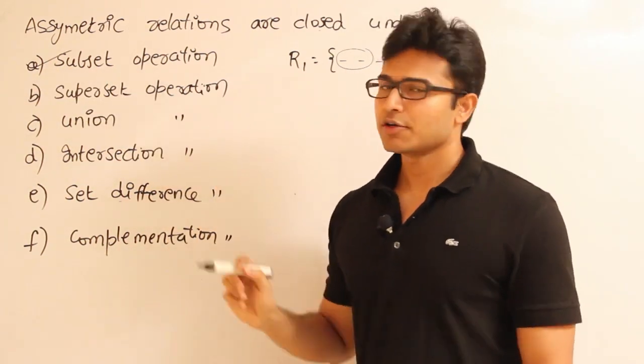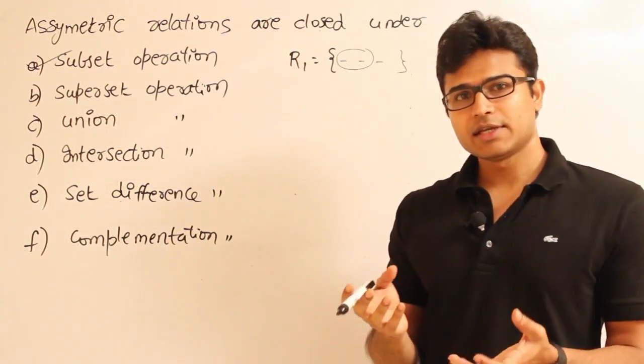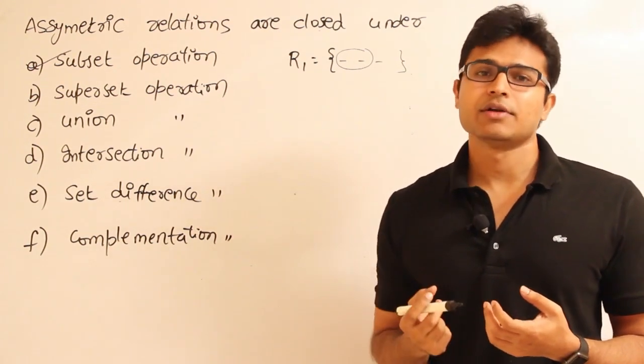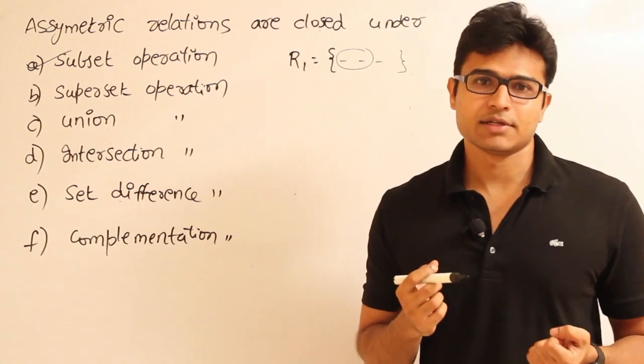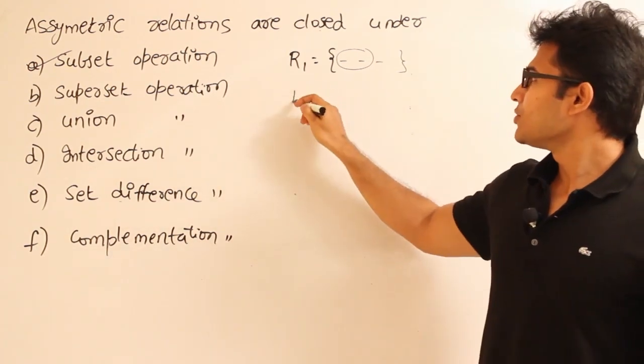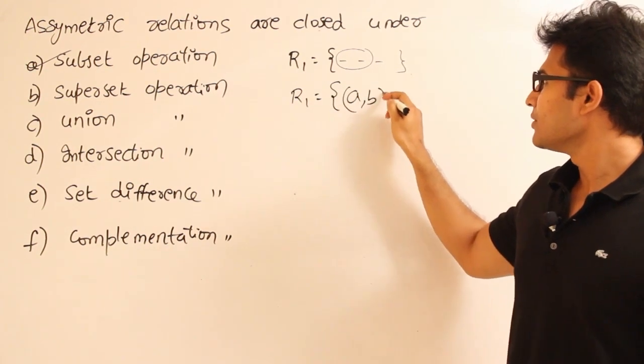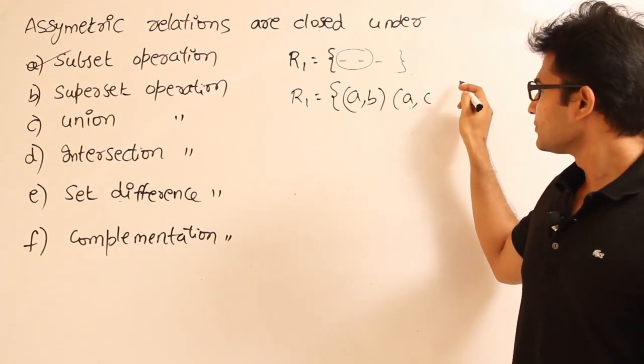Now what about superset operation? Superset operation means we take an asymmetric relation and add more ordered pairs to that relation. What can you say about the result? Let us say we have an asymmetric relation like this, a comma b and a comma c.